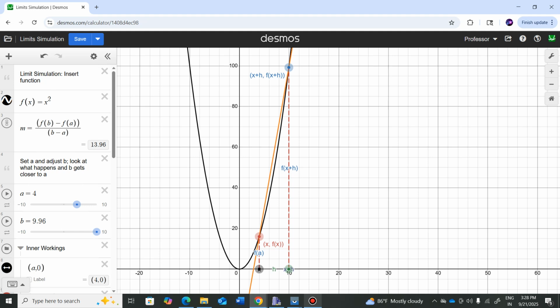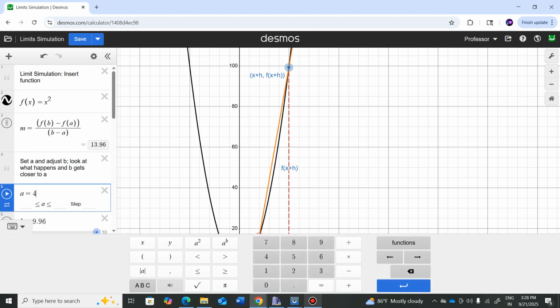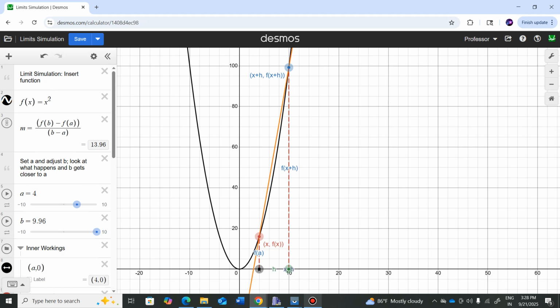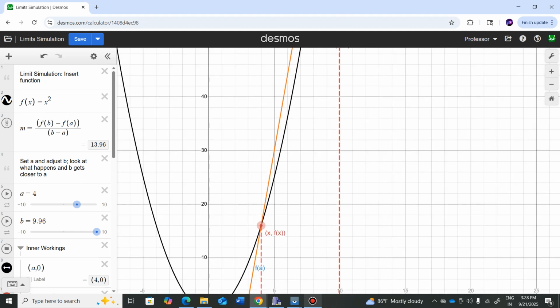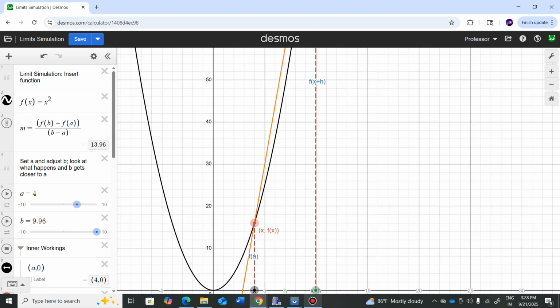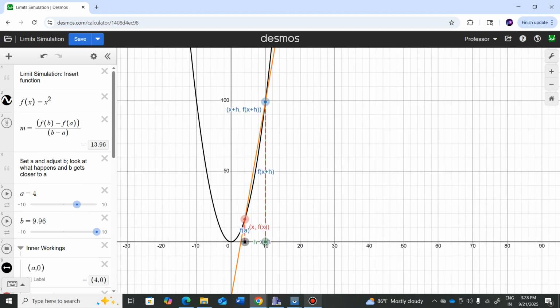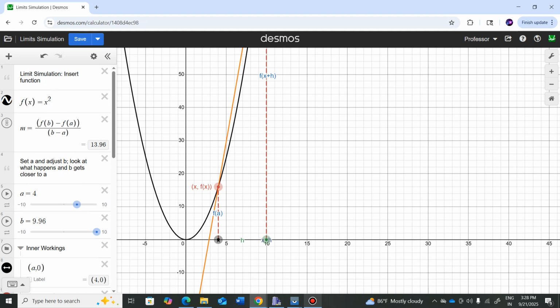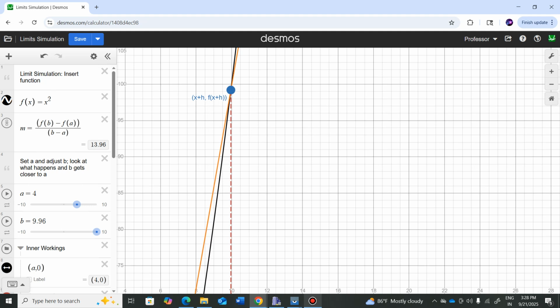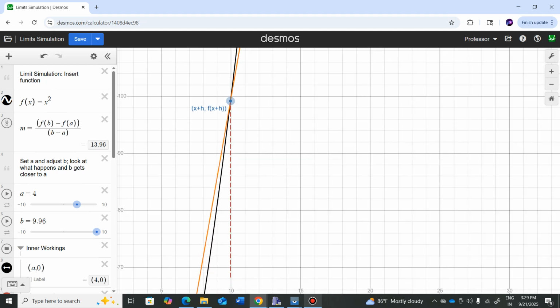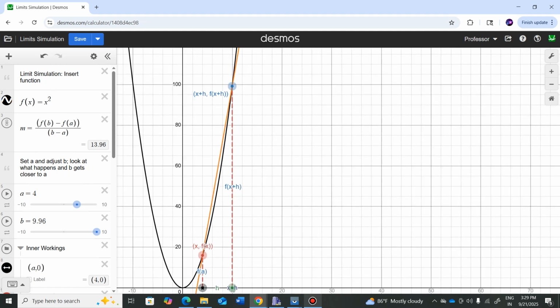If we say this is 4, then our value at 4 is maybe around 16. Then we have point B, and this is x plus h, so it's h away, up here in blue. And then we have a line that goes from A to B, that's yellow, that's your secant line.